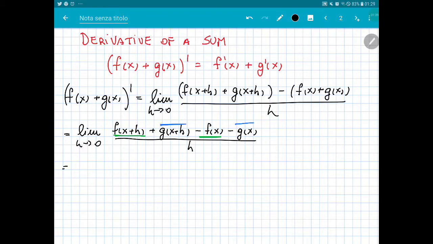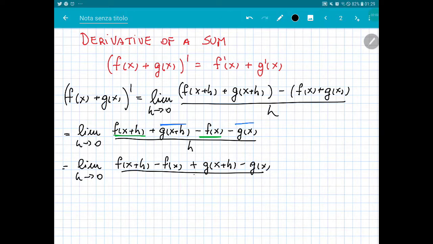So we obtain the limit as h approaches 0 of f of x plus h minus f of x, and then plus g of x plus h minus g of x, all divided by h. Now notice that here I can split the fraction into the sum of two fractions.